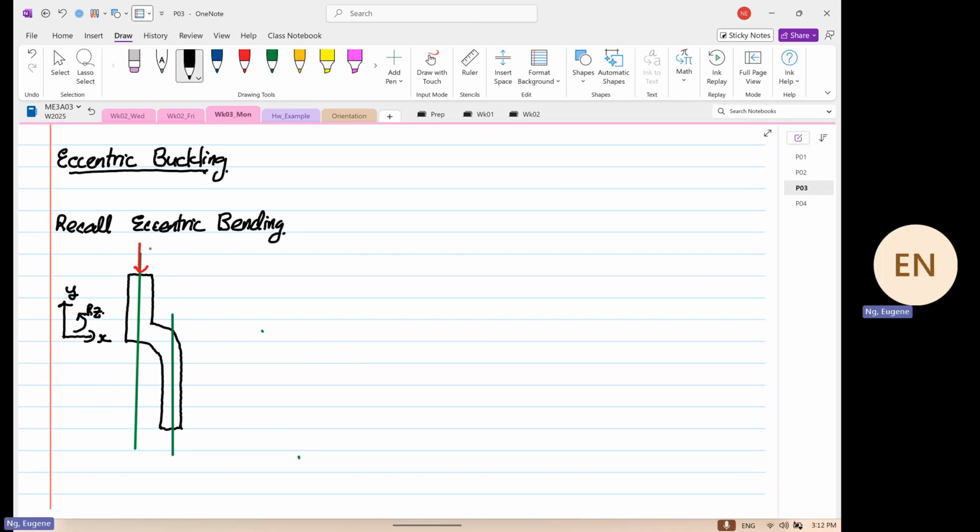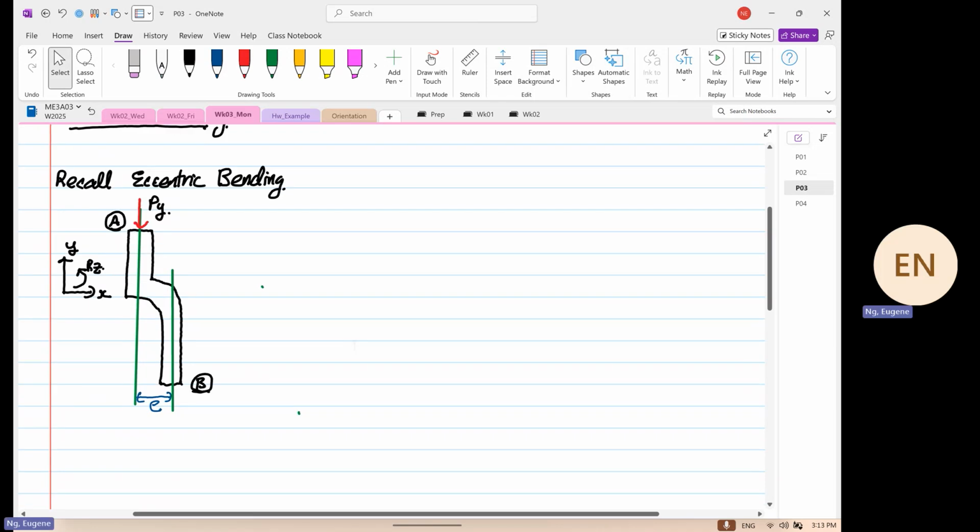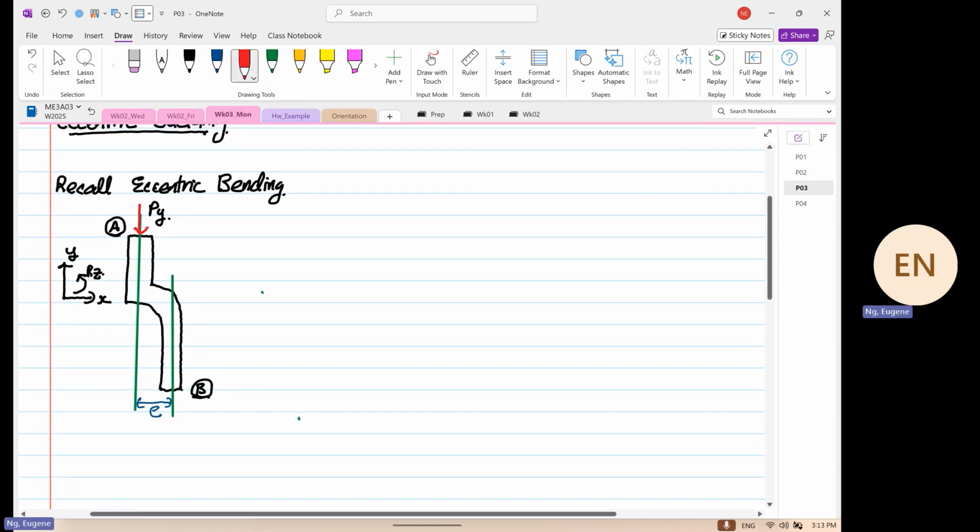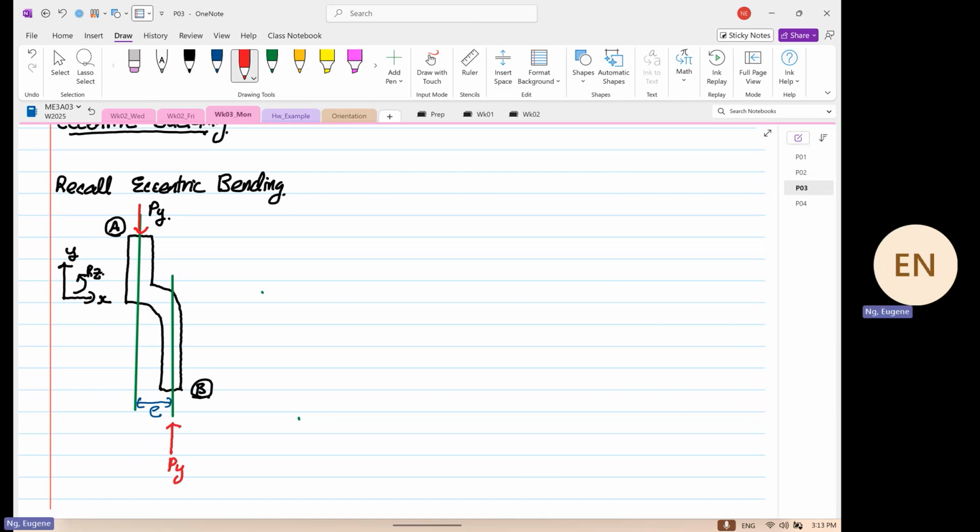And we have a load PY. And we can also see that the distance over there is E. I'm going to label this A, and I'm going to label this point B. And what we see over here at point B, we have a couple load, which is your PY.